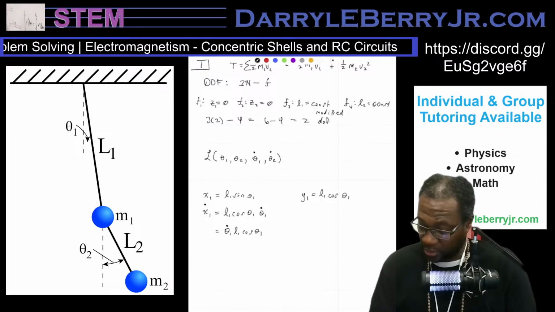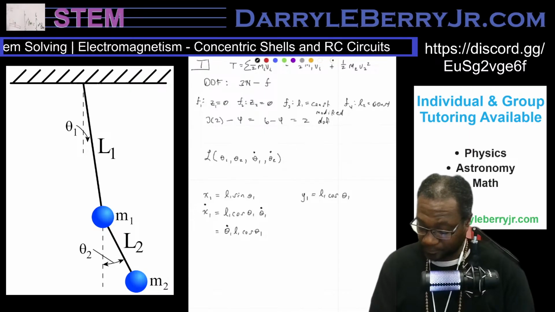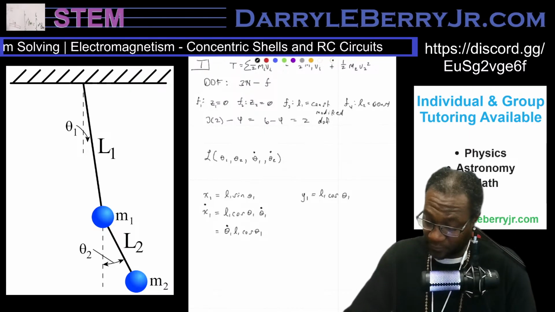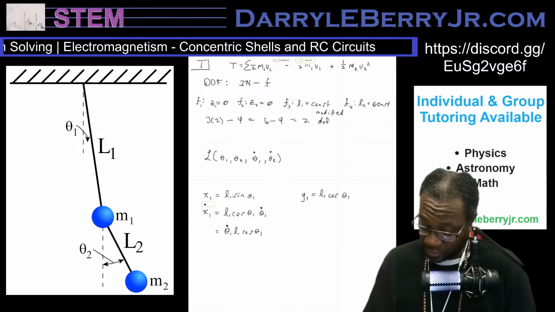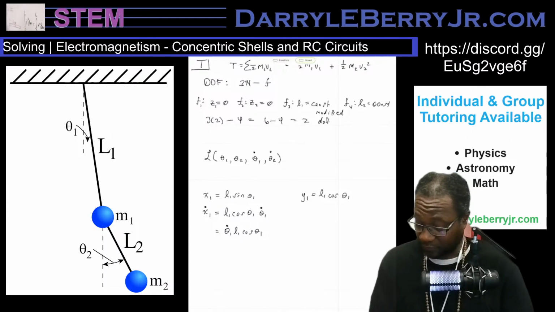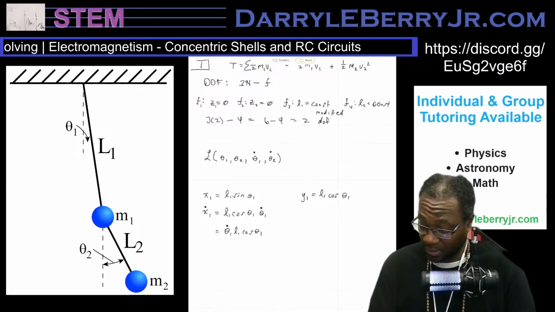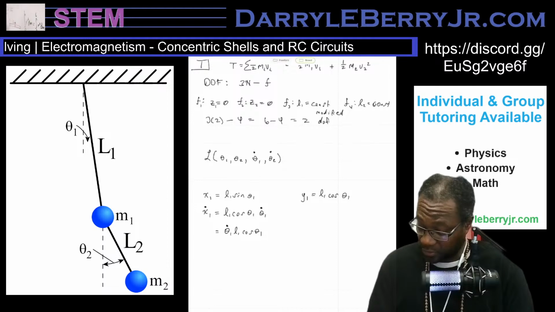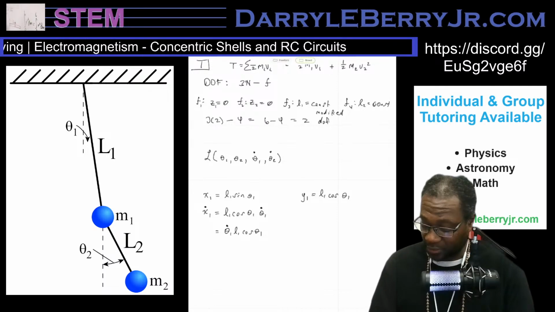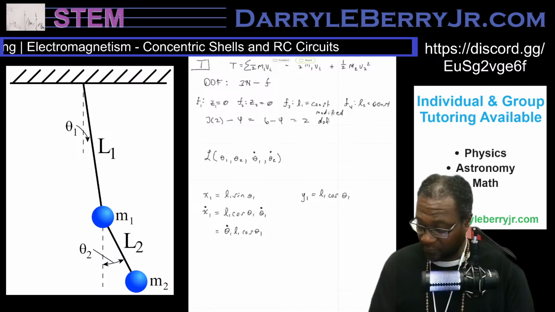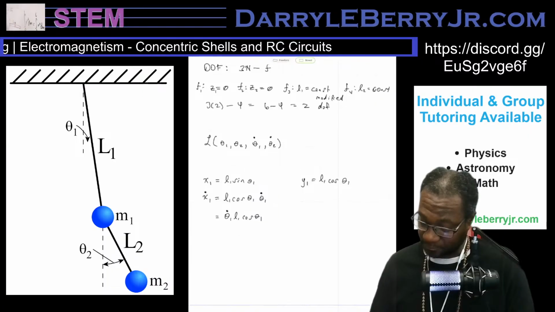What we did there was the chain rule as a time derivative. So we have the L is constant, but cosine is a function of theta, which is a function of t. So you have L1 cosine theta 1. Then you have to take the derivative of the argument for the chain rule. So you have theta 1 dot.